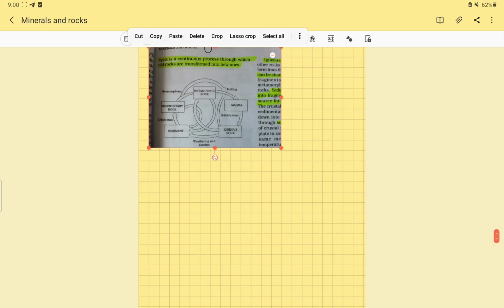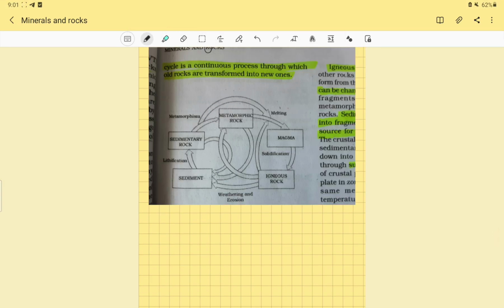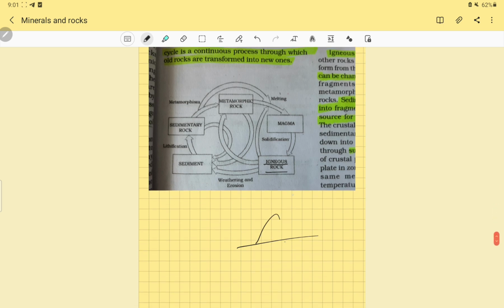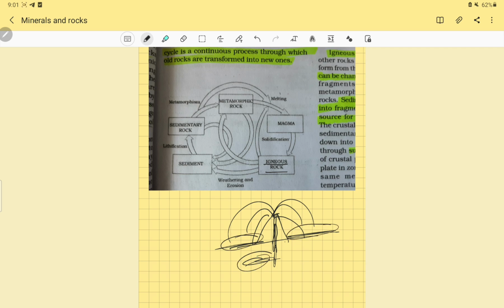So yeah, if you see here, first igneous rock, because when a volcanic eruption takes place, lava comes out, we have seen it, right? When that lava cools down on the surface of the earth, or when the lava is inside the earth and it cools down somewhere here, then these two kinds of rocks are called igneous rock.